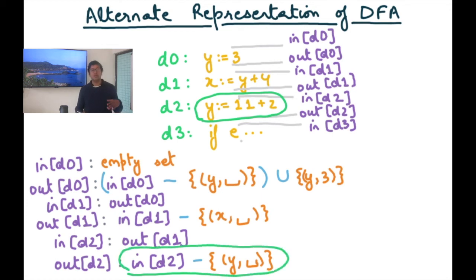I'm not generating any new constant value, but I'm killing or removing some constant values, and any constant value for y should be removed because y is being assigned a new value. All right, so that's that, and then in D3 is just out D2, and then out D3 would also be just in D3, because D3 is not really modifying anything.